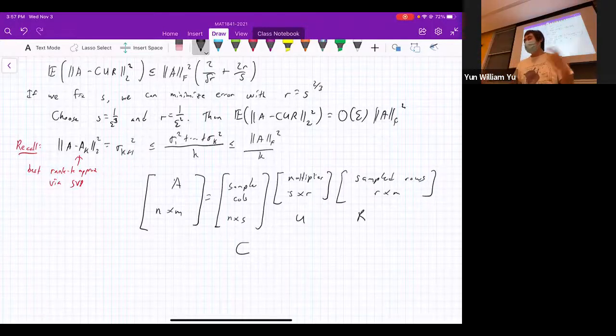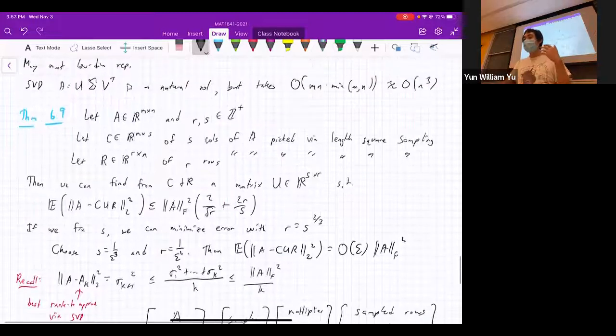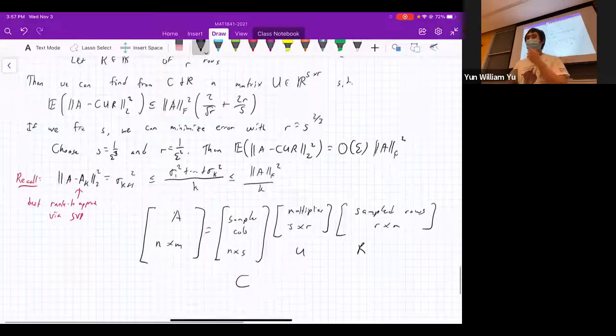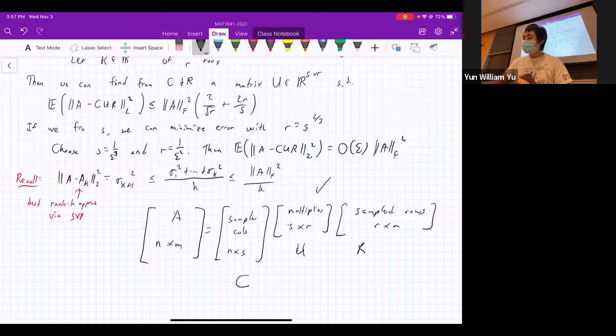So this is sort of like the SVD where we had a U, sigma, and V transpose matrix, except that the middle matrix here is not diagonal. But we still have sampled columns, but instead of having these singular vectors, we have these sampled columns and sampled rows instead.